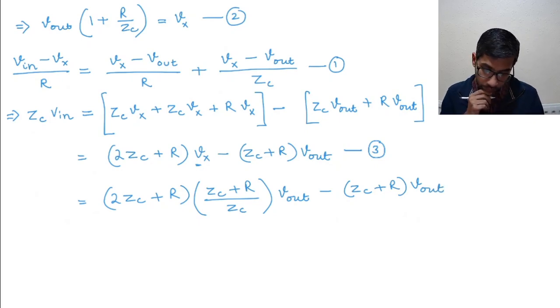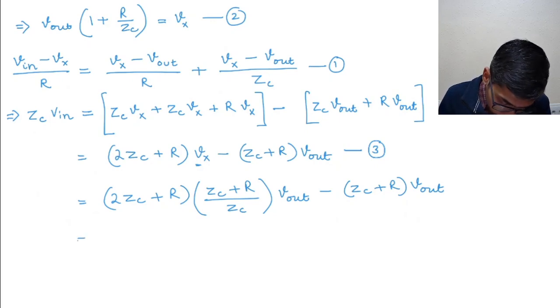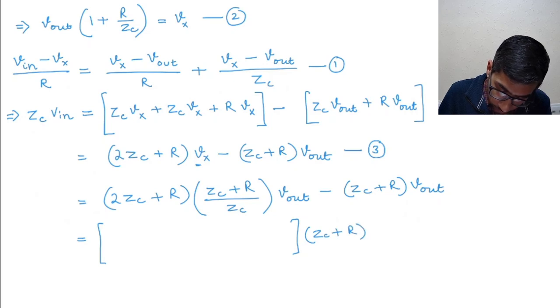Okay, and now if you want to further simplify this, we can take Zc plus R V out as a common factor, and what are we left with?